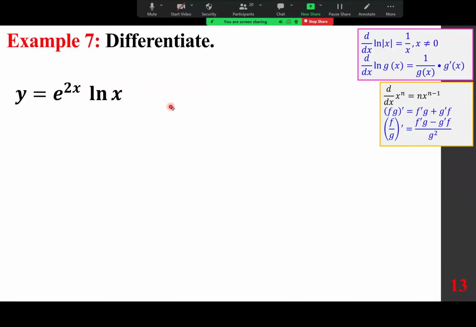Differentiate e to the power of 2x times ln x. Notice it's the product of two functions, so you put a raised dot in between. And this is f. This is g. And you're using this.